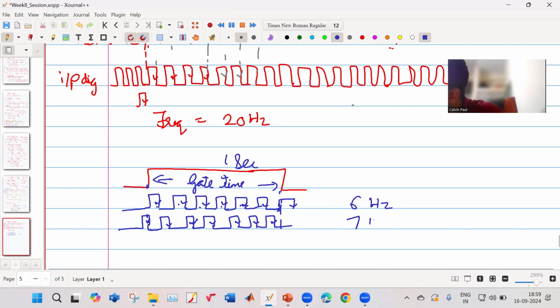So you will get a count of 7 hertz here. Okay, you will get a count of 7 hertz. One thing to note is this will not be like this. This has to be something like this. A signal has to go high here. Okay, something like this.